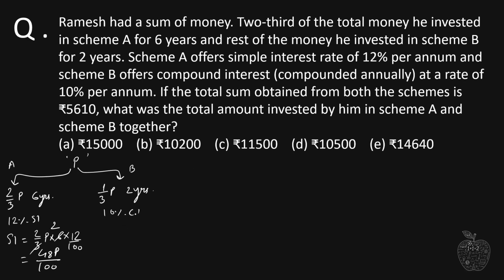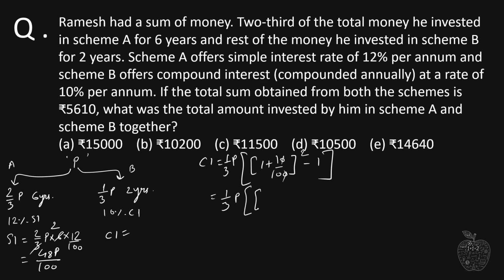Now let's calculate the compound interest. The formula for compound interest is P in bracket (1 plus R over 100) to the power n, minus 1. Let's substitute the values. The value of P is 1/3P, the value of R is 10 and n is 2. So the zeros get cancelled, and we get 1/3P in bracket, LCM is 10, 10 plus 1 is 11, to the power 2, minus 1.